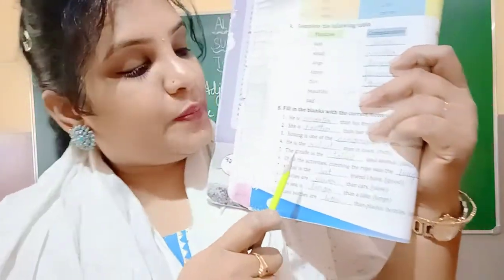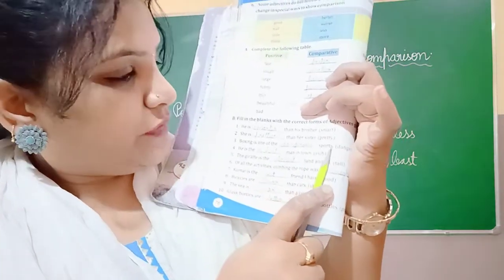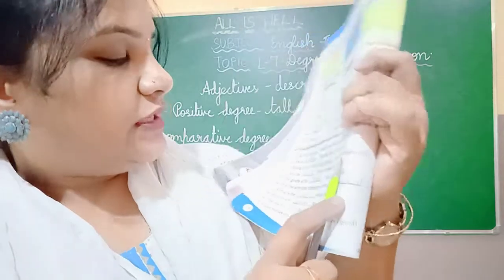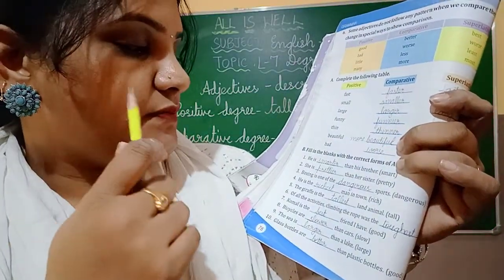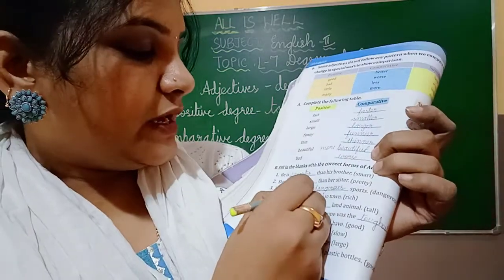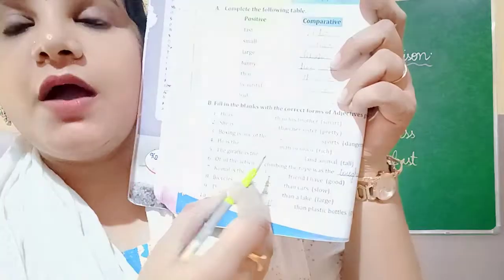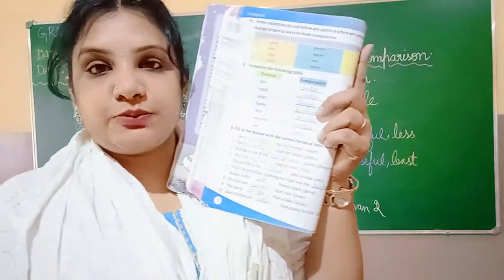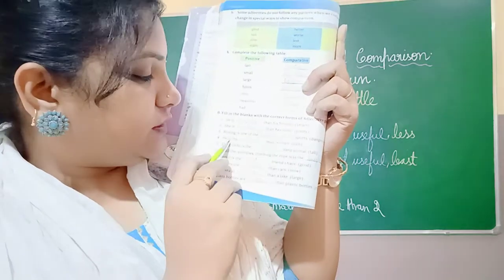So, dangerous will become most dangerous. Boxing will become one of the most dangerous sports. We are comparing one sport with other sports, so many sports. It is more than two. It is most dangerous sports.